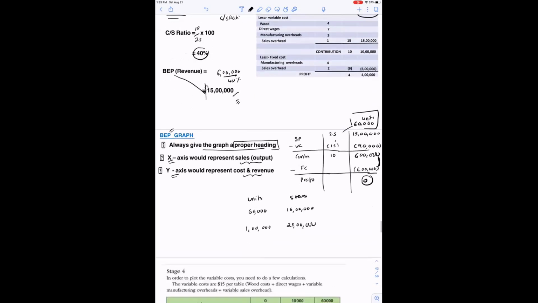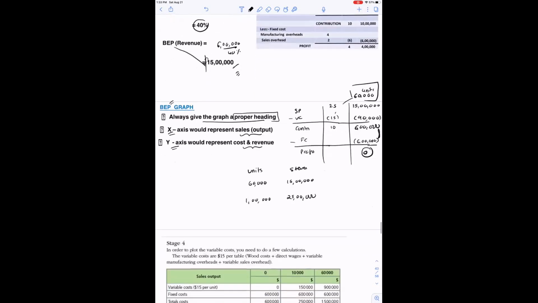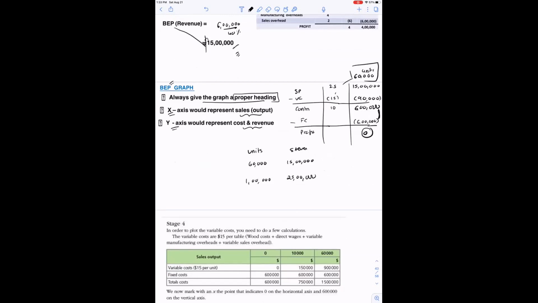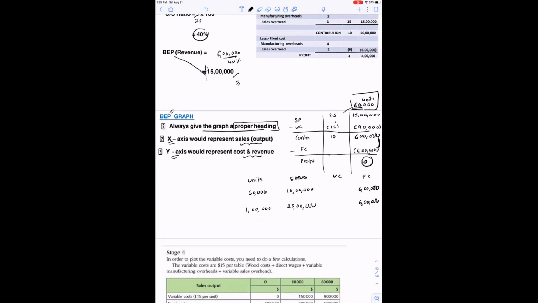Let's find figures at some different level of activity. We would also find the variable cost and fixed cost at different levels of activity. Fixed cost at all levels of activity would remain the same. Variable cost at 60,000 units is 9 lakh.